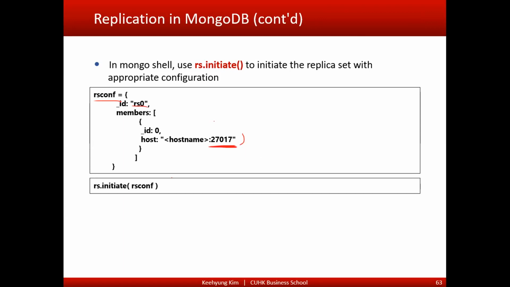So basically the first server instance I opened will be used as the main server, which is the primary data set. So that's what I'm setting here. And if I use the rs.initiate function in MongoDB with this configuration, then the first server with the port 27017 will be used as the primary data set in MongoDB.